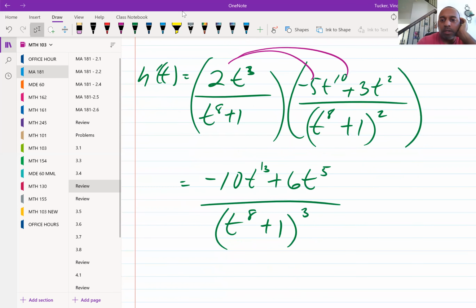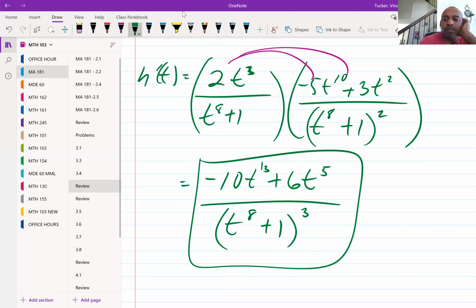And then here, can we simplify? We can factor out t to the 5th. That would have been cool if this was a 5, because then we would really simplify this, but nope, that's it. Let me know if you have any questions off that one. So let's go to the next one.